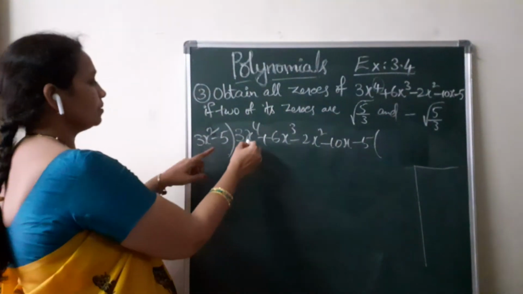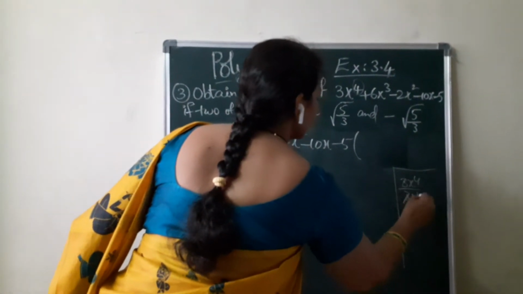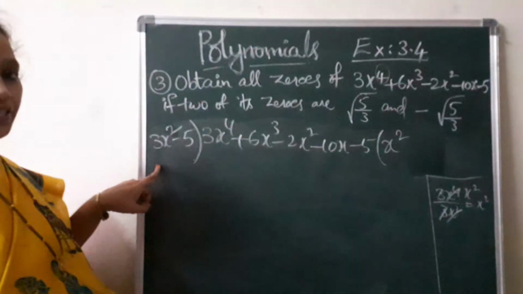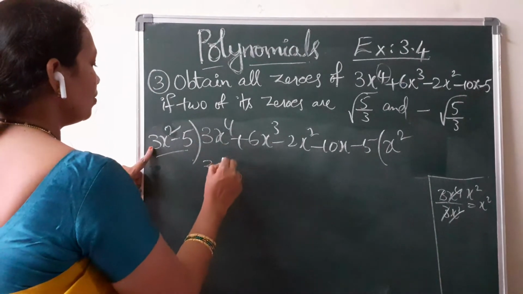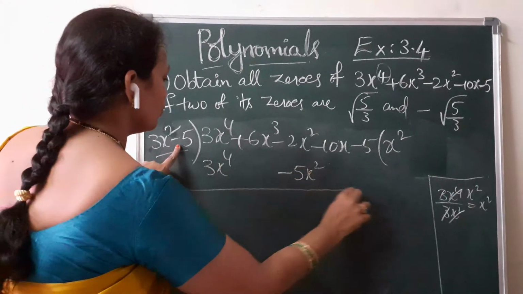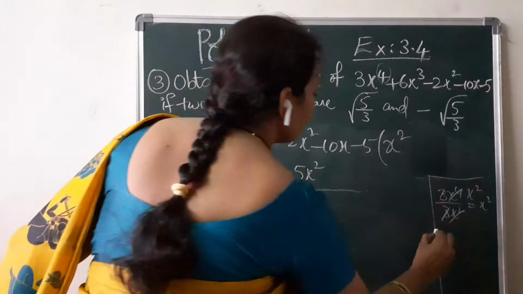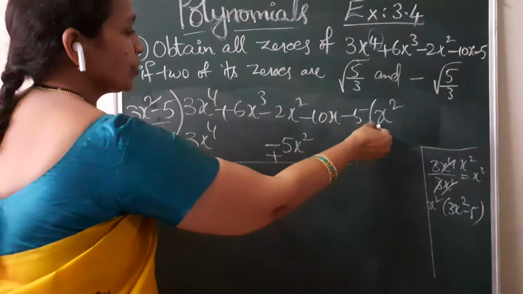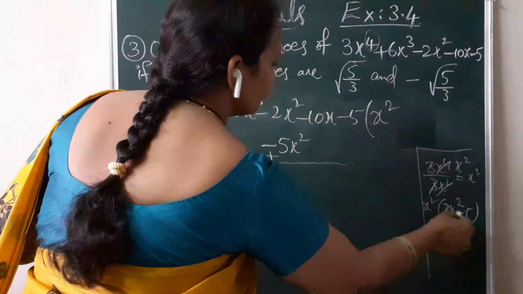In the rough column, divide the first term of the dividend by the first term of the divisor: 3x to the power 4 by 3x square. The 3 gets cancelled and x square is left. So x square is the first term of the quotient. Multiply x square by the full divisor, first term of the quotient into the complete divisor, so you get 3x to the power 4 minus 5x square.